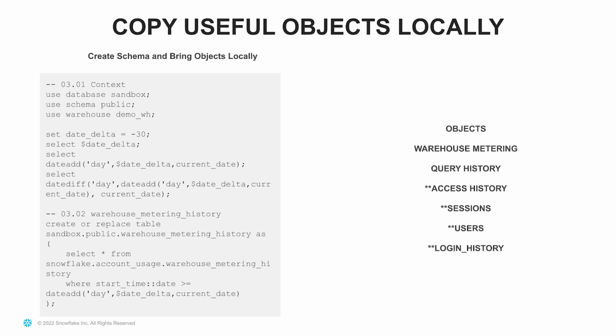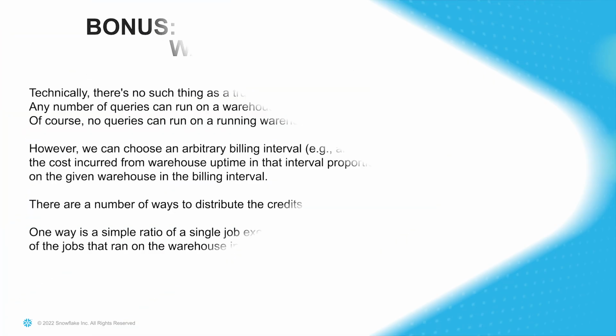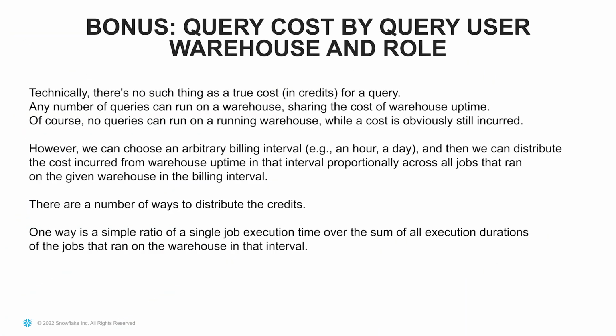And as I'm looking at this, there's some things that I really like to copy locally. Warehouse metering, query history. If you only do two, do those two. But I also like access history for audit. I like sessions, again, for audit, users for audit, and login history, as well as for compliance and audit. And I'm going to include a bonus query here.